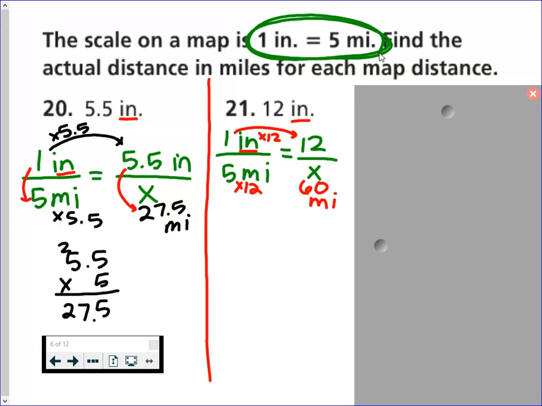There was a lot of cross product. Today I think you can find a lot of scale factor, which is good.